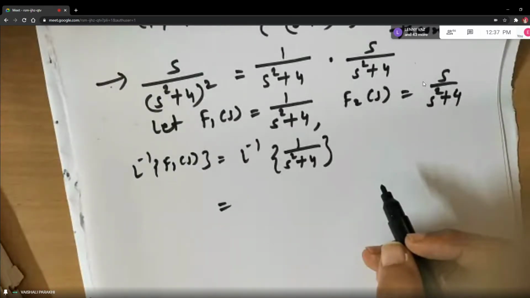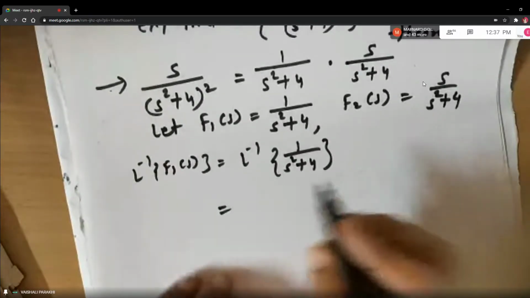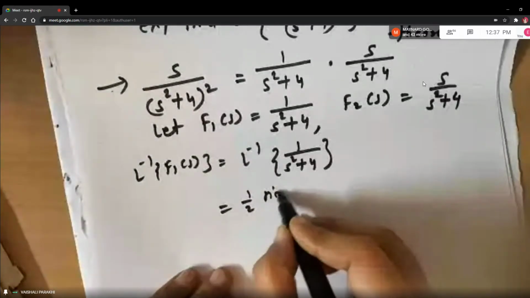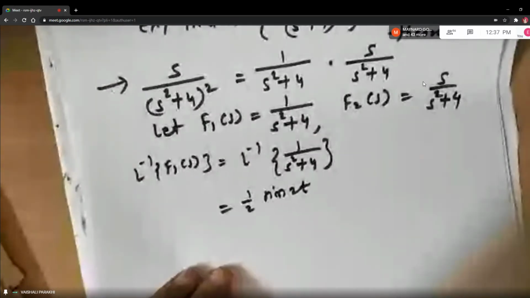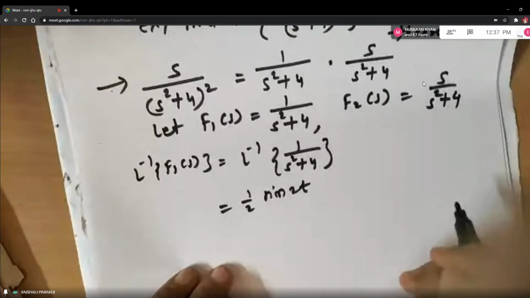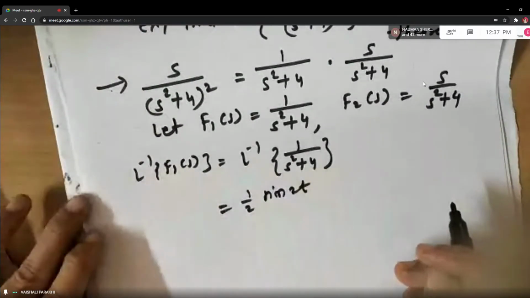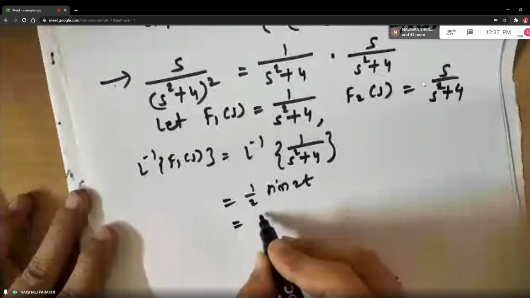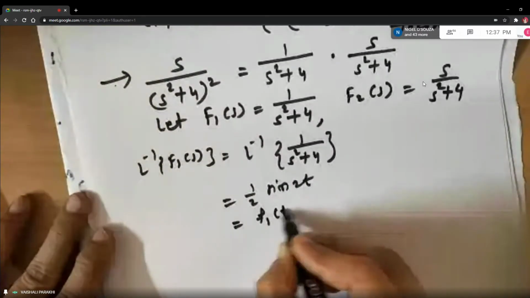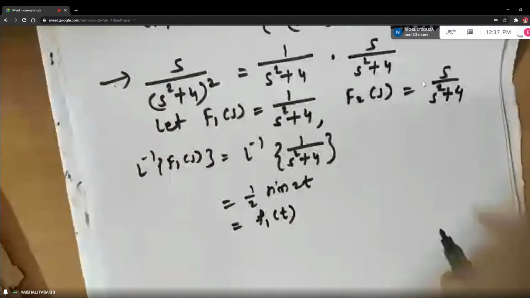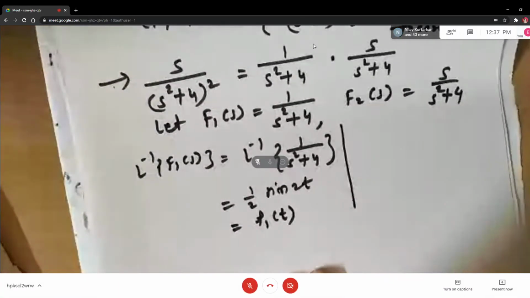Half sine 2t. Is it 2t or t? 2t, ma'am. Okay, very nice, very good. So half sine 2t. Everybody knows this. And denote it by what, students? F1 of t.